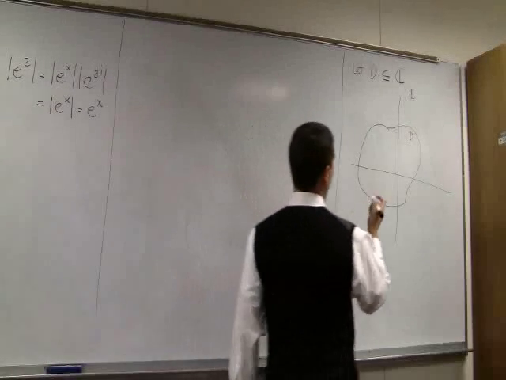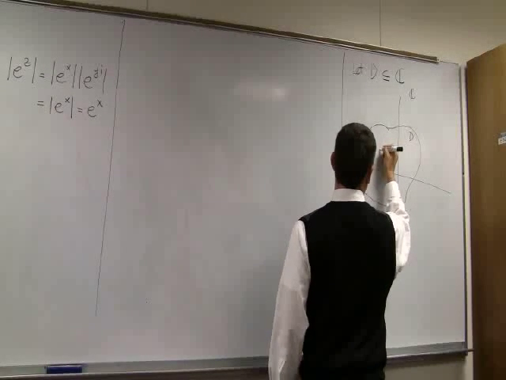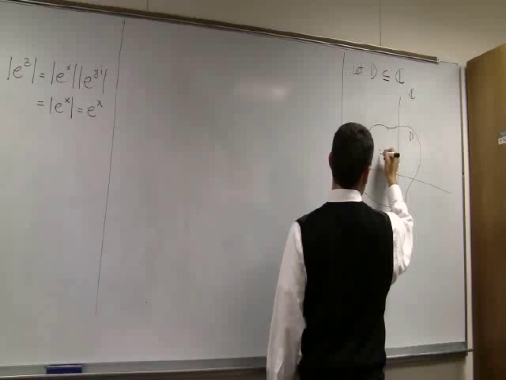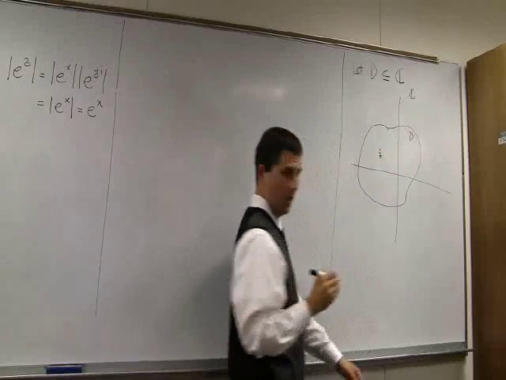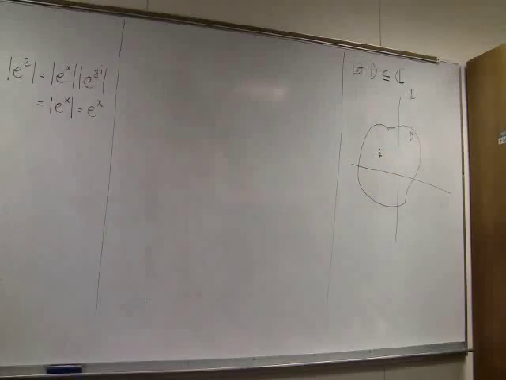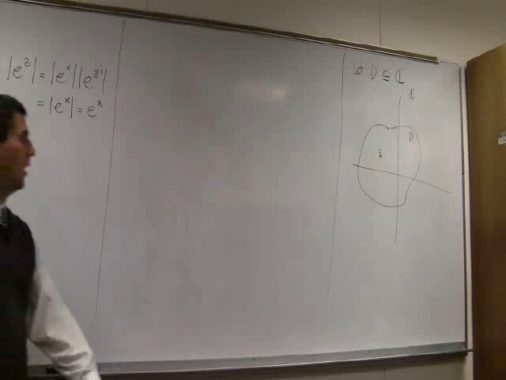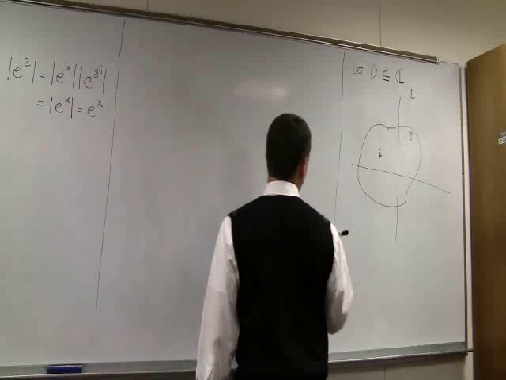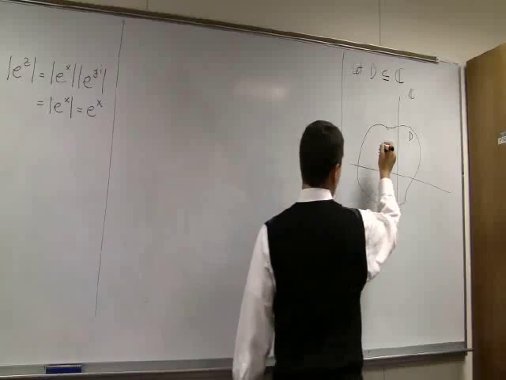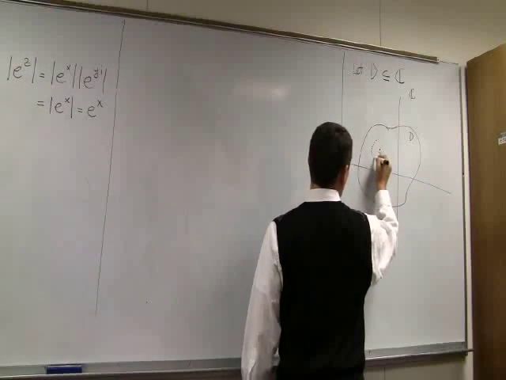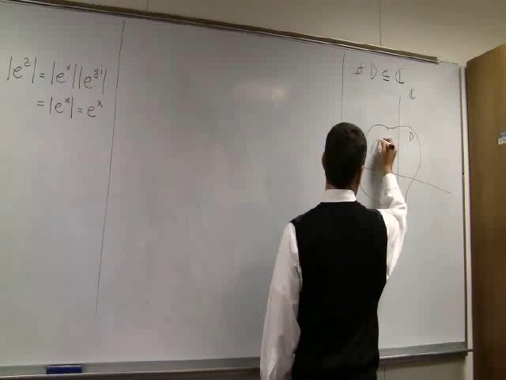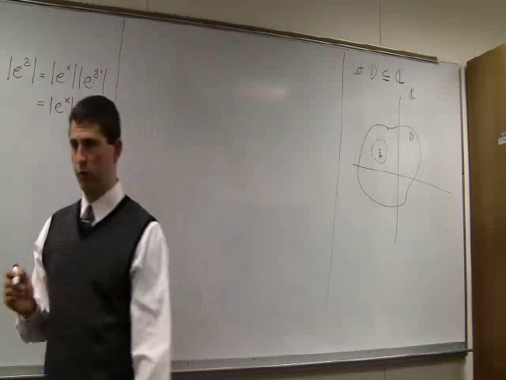Now let me choose a point in here. Let's call it Z. Let me draw a little circle around Z.